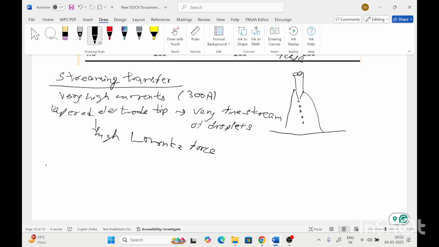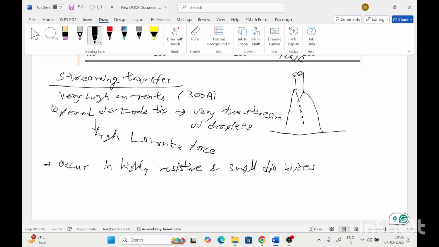This streaming transfer also occurs in highly resistive and small diameter wires.